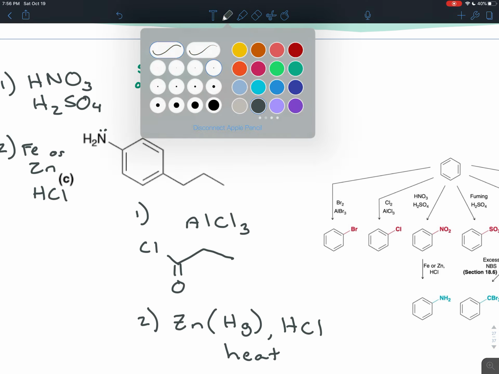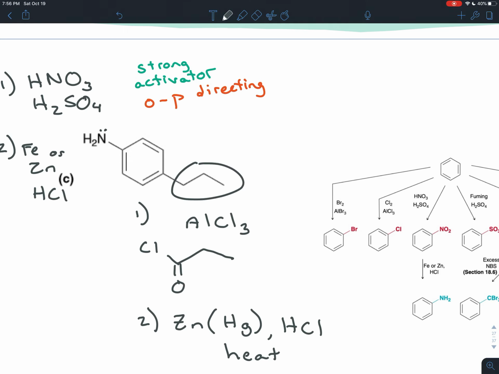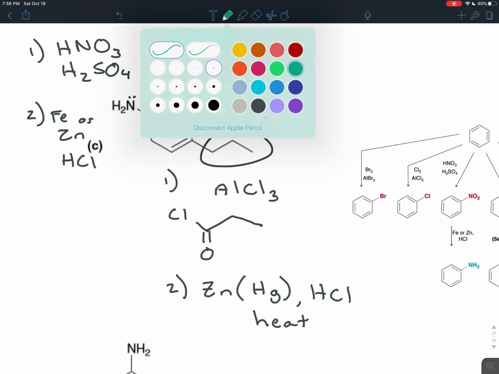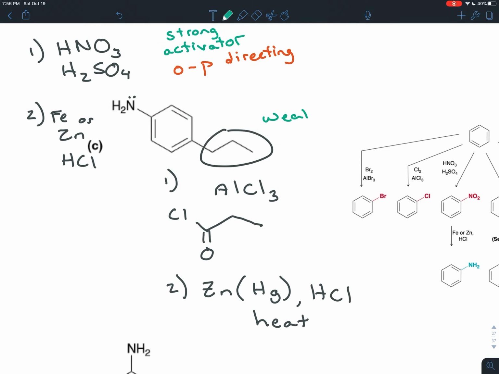The other branch is an alkyl group. And so that is going to be weakly activating. So that's a weak activator. And all activators are ortho-para-directing.